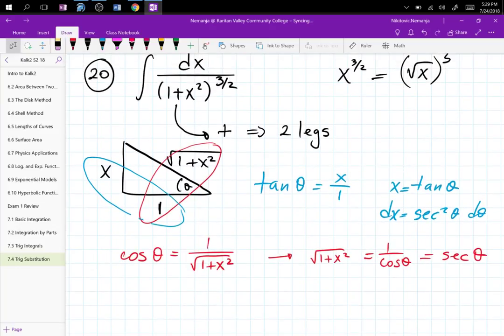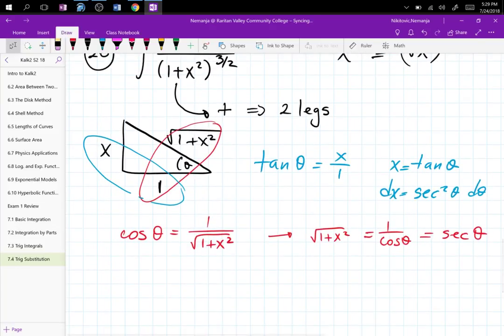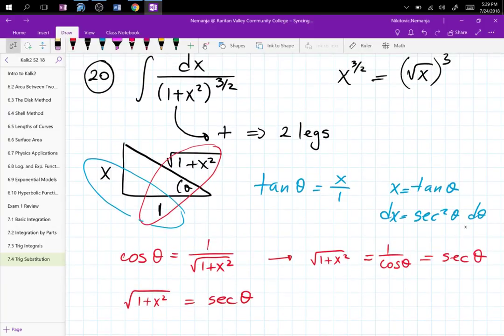Now, we are not done with this transformation. So far we know that the square root of 1 plus x squared is equal to secant theta. But guys, I don't need the square root. I need the square root cubed. So if I cube the left side, I have to cube the right side. Why?